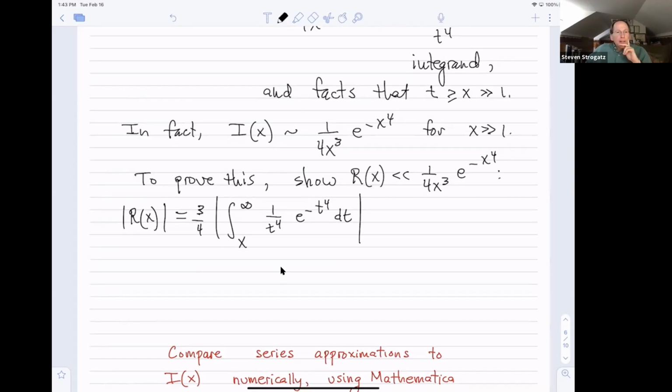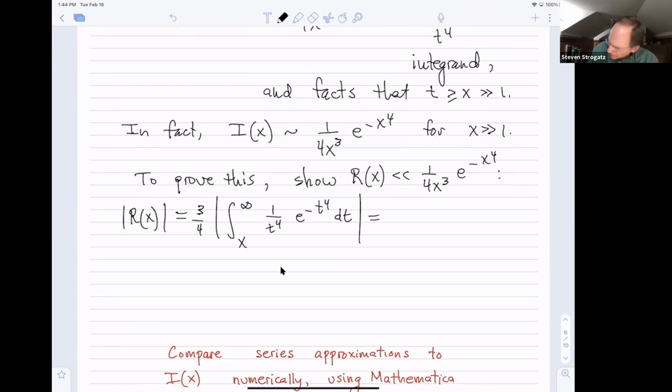And here's a clever way to do it. There are various ways, but one way that's kind of slick is we could use our integration by parts trick again.